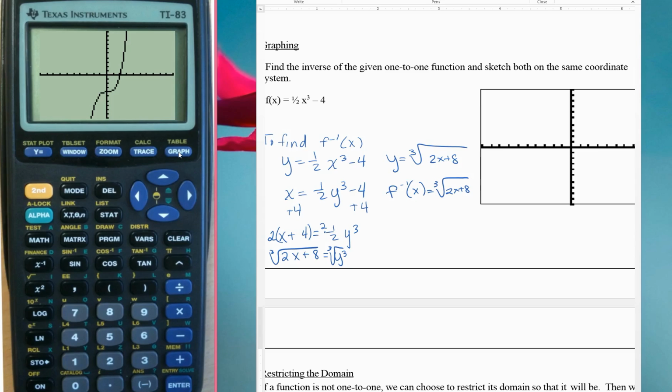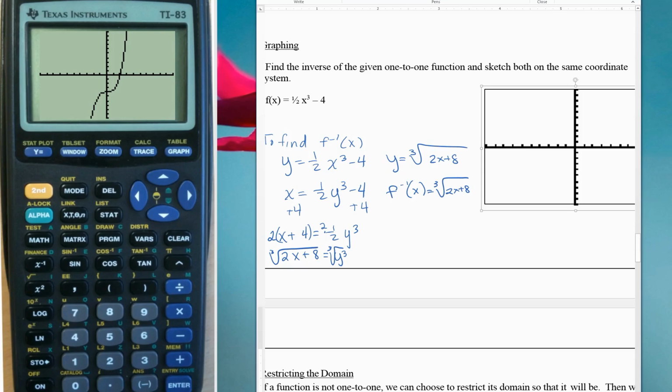The 1/2 times the x cubed would be a vertical shrink by 1/2, and the subtract 4 would go down 4. And this looks like it's crossing it too. Okay, so there's the sketch of our graph, 1/2 x cubed minus 4.